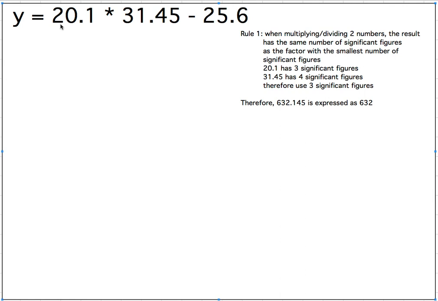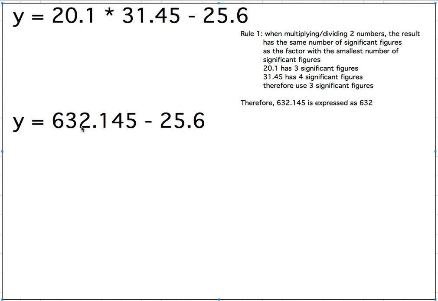So here I'm multiplying 20.1 times 31.45, which is going to give me an answer that's going to be more than 100. So it's going to give me 632.145.